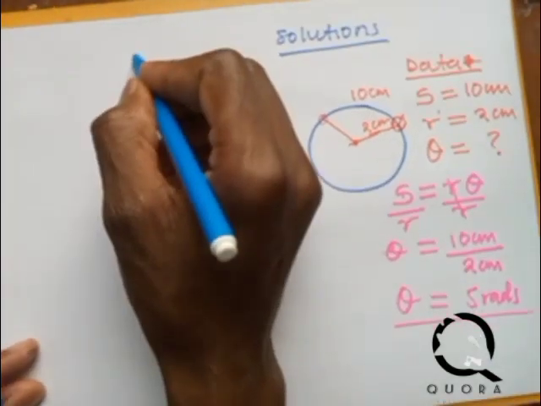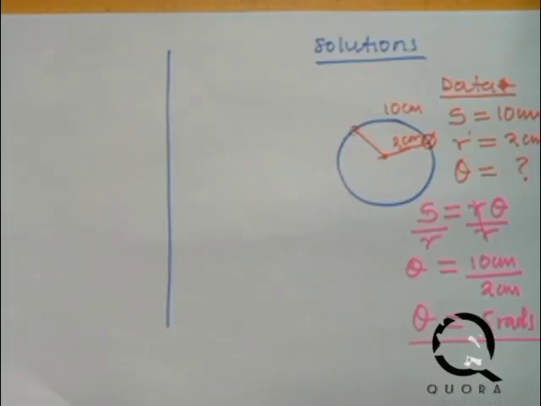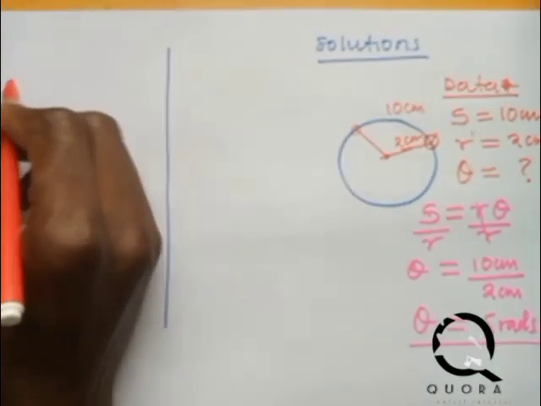So I'll divide it like this. I'll put a simple division which is going to show the relationship between circular motion and kinematics, and what the conversions are. So we have the following formulas.